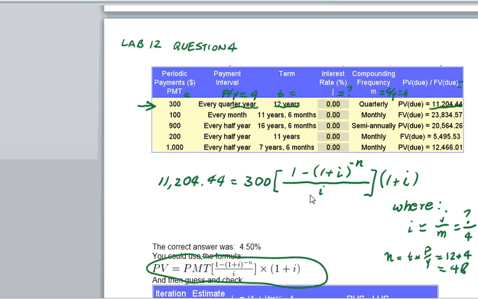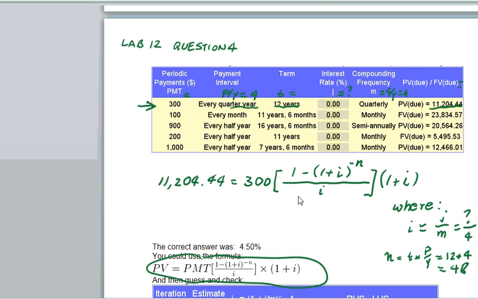At what nominal rate is this going to be equal to 11,204? We would have to guess the nominal rate, calculate I, and then substitute into the right hand side and see whether we have 11,204, and keep on guessing and adjusting until we get left hand side equal to right hand side.